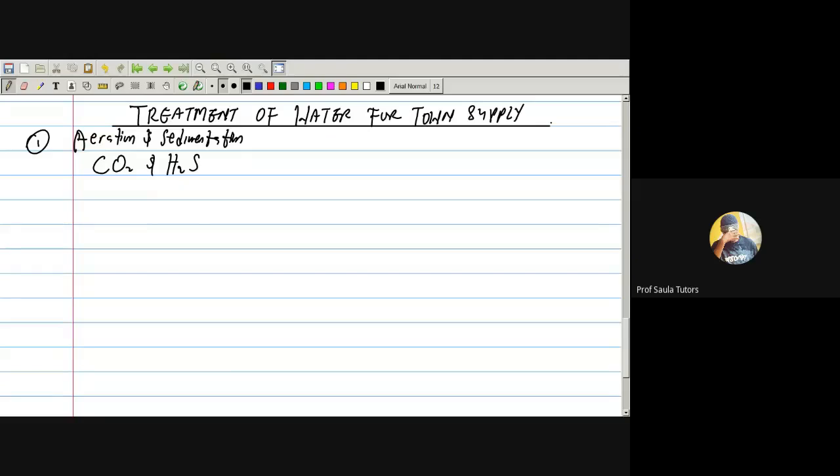So we do aeration so as to make this gaseous impurity removed. We remove them on exposure to what? Air and sunlight.